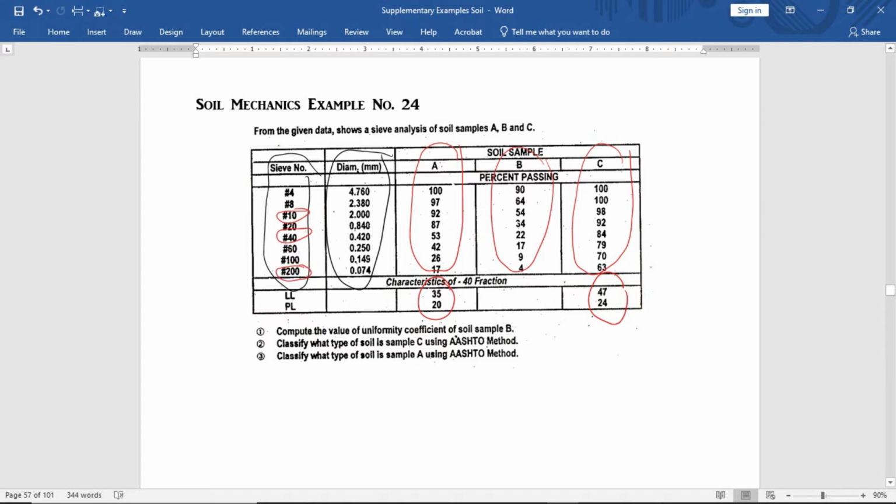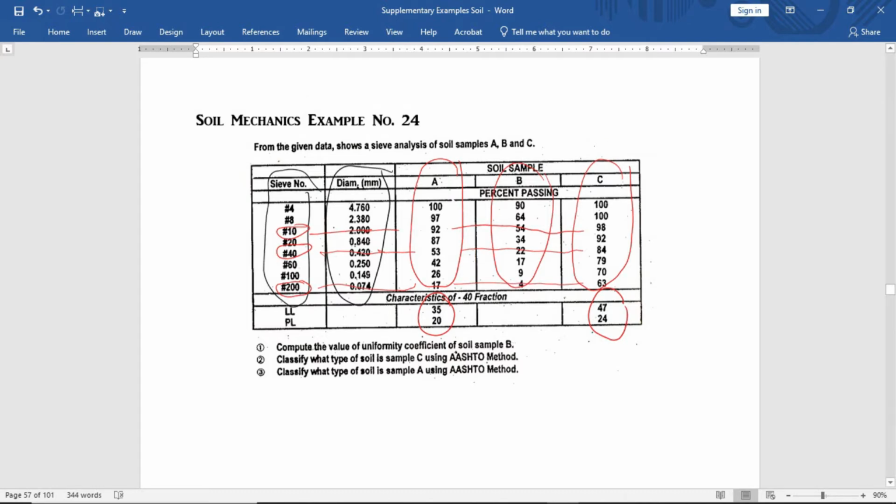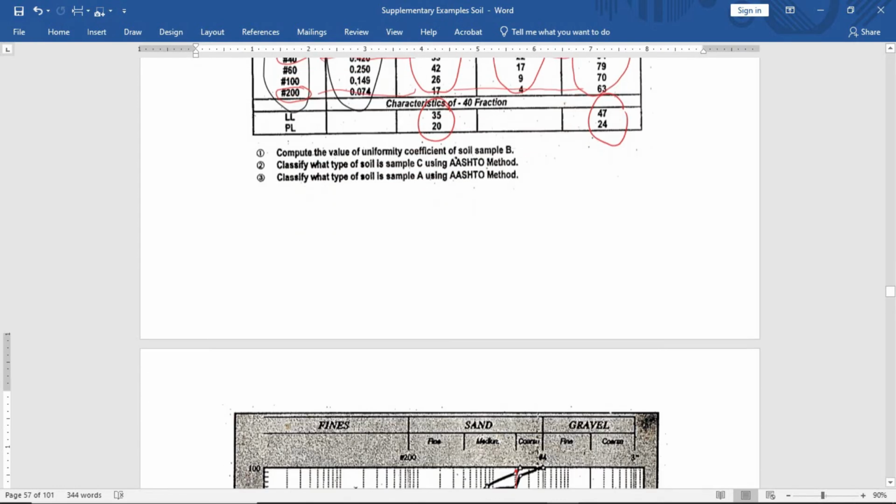Hindi kayo malito. Ang ano natin is 98, 84, tsaka 63. Mas madaling tingnan sa table kaysa sa chart.